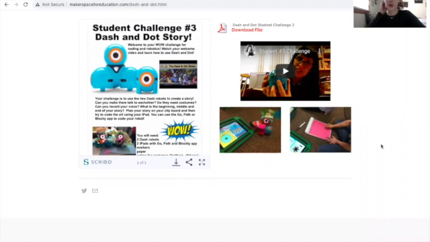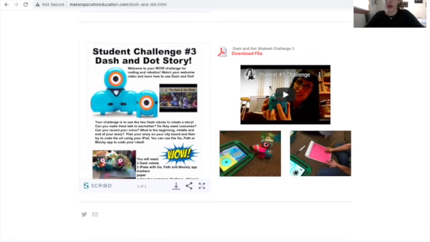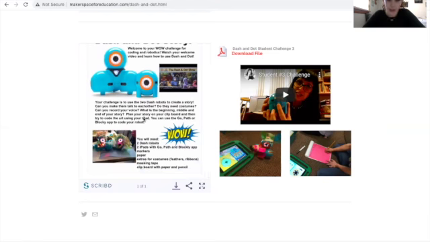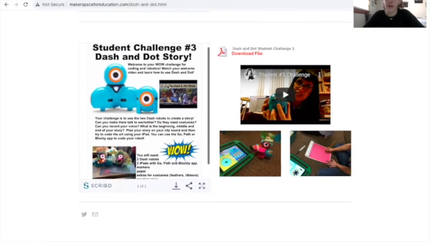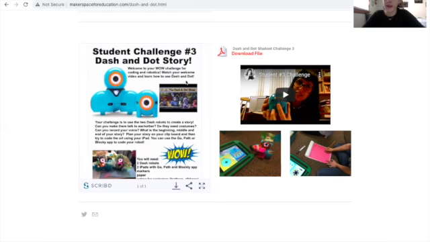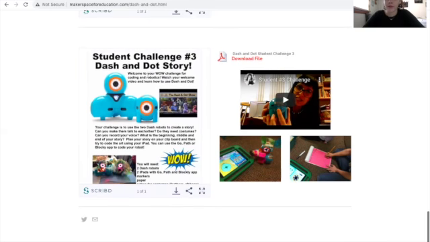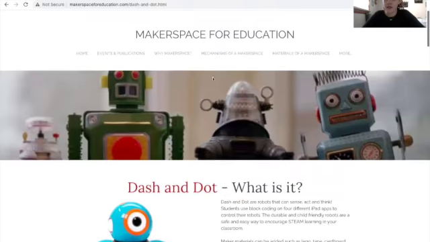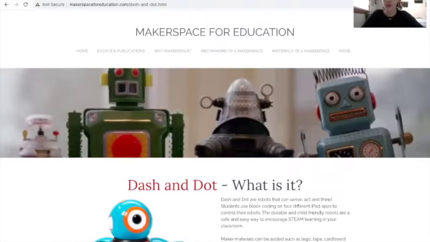I think this would be pretty interesting if students are writing their own stories, or they could do it with a story they read in class and try to decorate Dash and Dot and have them talk to each other. You could do this with little plays that they write about something they learned. I think there's a lot of really good uses for Dash besides just getting it to follow a path.